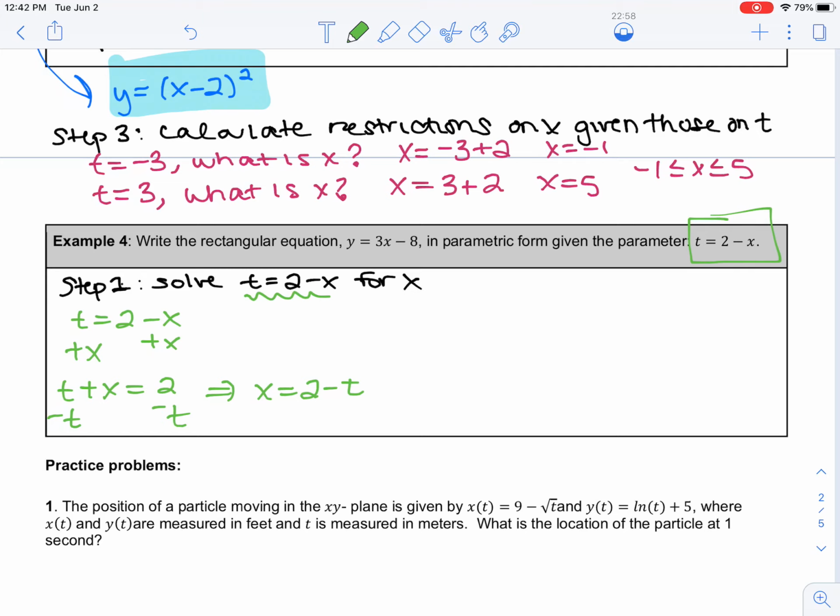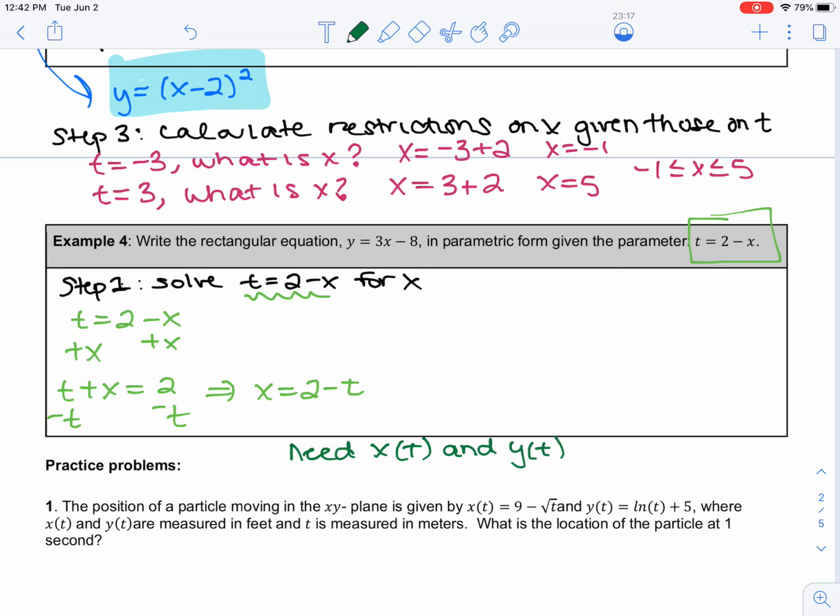Okay, so this is one of my parametric equations. Remember, we are looking at our parametric equations. Our goal here is we need an x of t equation and a y of t equation.